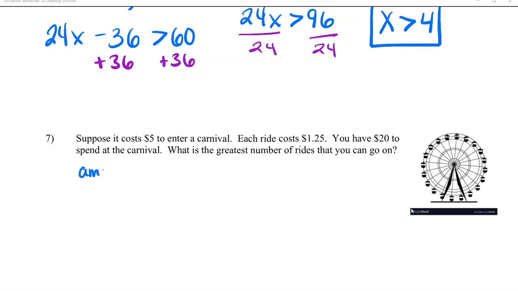So the amount you spend has to be less than or equal to what you have. Okay, so any kind of spending, most likely it's going to be less than or equal to, because you can spend less than what you have, or you can spend all of what you have.